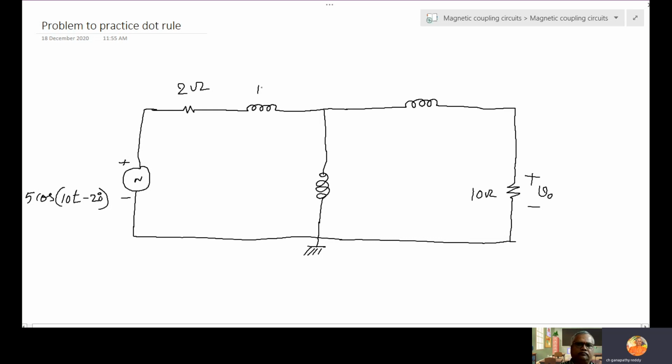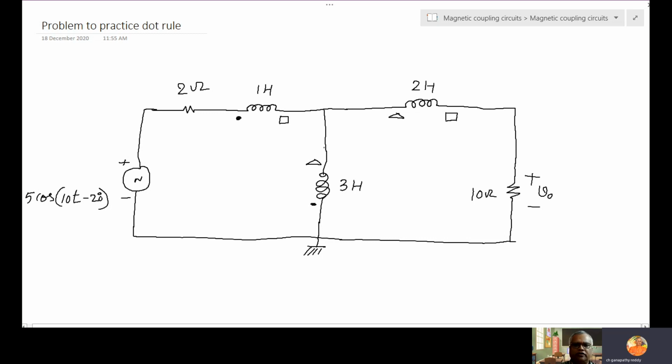Then 1 Henry, 2 Henry, 3 Henry self-inductances. So these three are coupled. Coupling is indicated with a dot, and these two are coupled with a triangle. These two coils are coupled with a square.